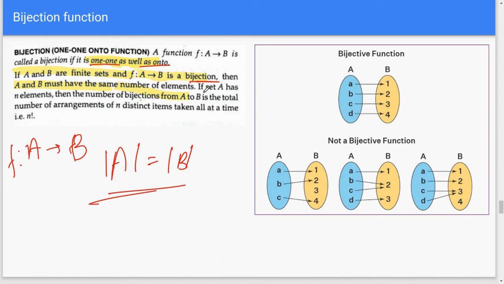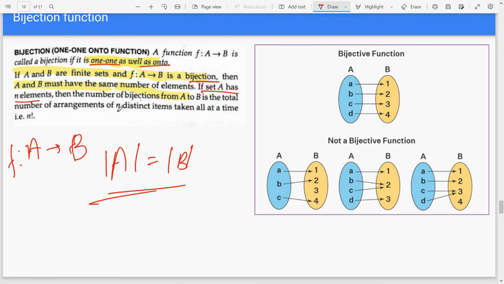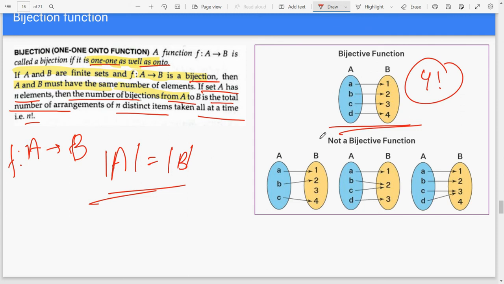And if a set A has n elements, then the number of bijections from set A to B is the total number of arrangements of n distinct items taken all at a time, which is n factorial. So let's say this is the bijection function. A can be related to 1, 2, 3, or 4. So obviously there are a total of 4 factorial ways in which the arrangements can be done.